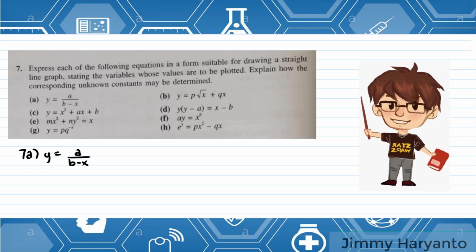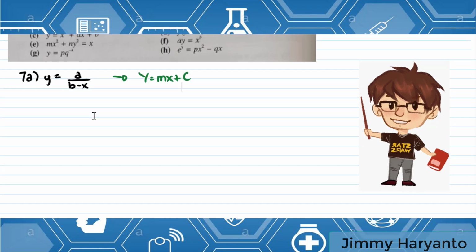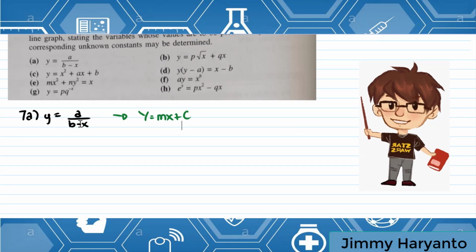To make it a straight line, we have to change it into y equals mx plus c. Similarly, like this. So I will have to maybe flip it. Flip the right side, and then we have to flip the left side.